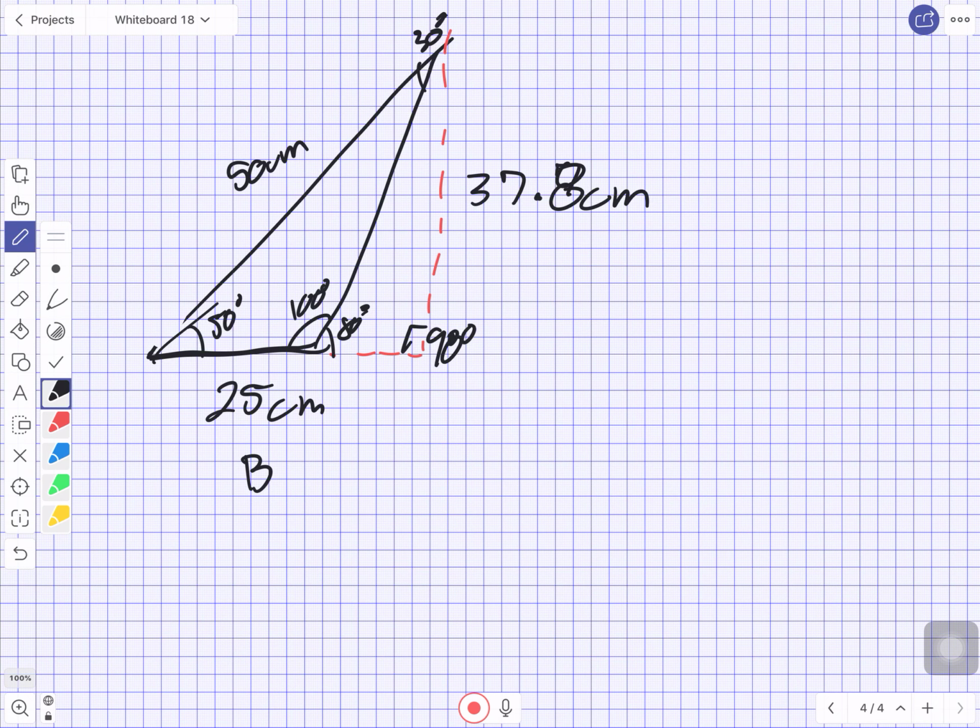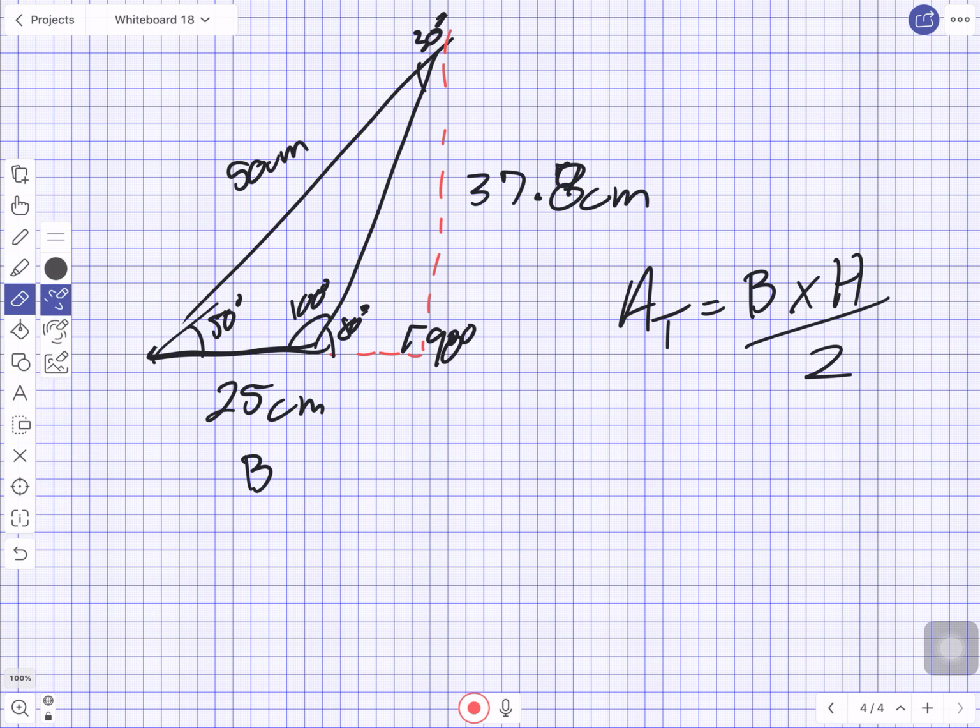We had tons and tons of info, but for area of a triangle, we only need the base times the height over 2. Well, that's our height, and that's our base. Only important information for the last part of this, okay?